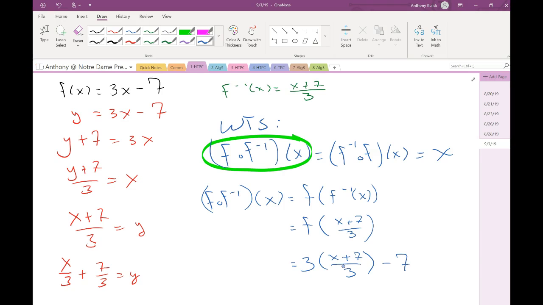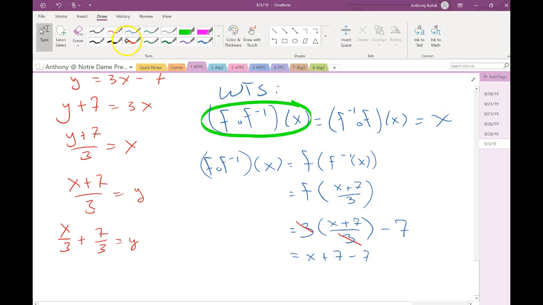So now all I'm left to do is simplify. I have a times 3 and a divide by 3, so those can cancel out. And then I have a plus 7 and a minus 7, so those can cancel out. And I'm left with x.